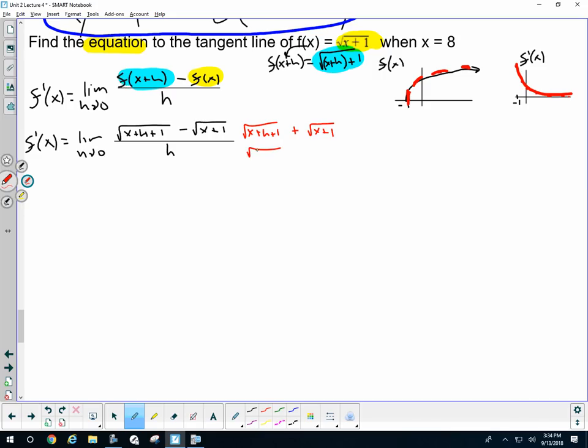Make sure you multiply the top and the bottom. This is not new. We have done things just like this before. Okay, make sure we understand we have a squared minus b squared. So square root squared, square root goes away.